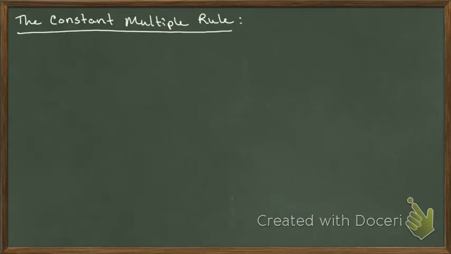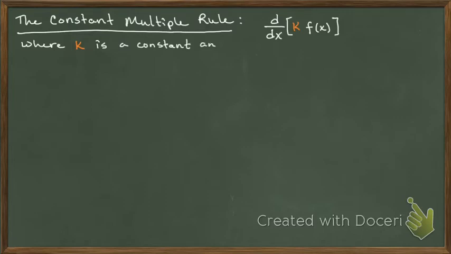The first is the constant multiple rule. For example, if I have the derivative of a constant times some function of x, where k is a constant, just some number, and f we know has to be differentiable, otherwise I can't take the derivative. But all that's going on here is that this k is scaling.